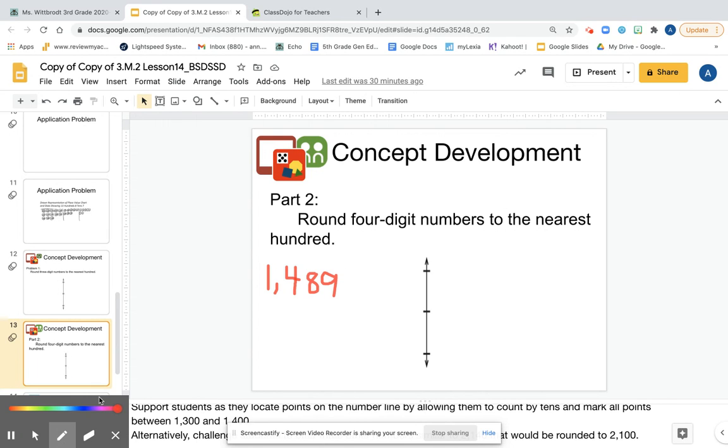So remember, you're rounding this to the nearest hundred. Don't forget about your 4 digits. But remember, we're really just focusing on this part. You have 4 steps. You need to make a bottom to your number line, a top to your number line. So what 2 hundreds is this in between? You need to make a midpoint, and you need to plot about where this number would be, 1,489.